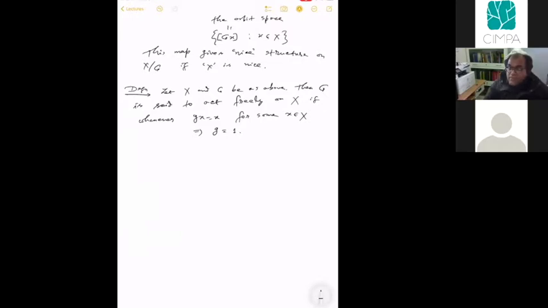This is a very basic definition that we need at the moment.